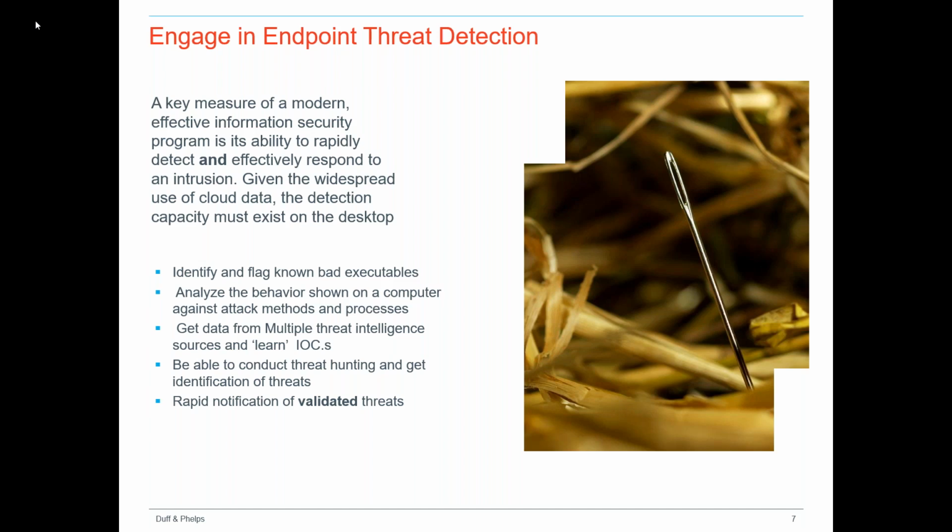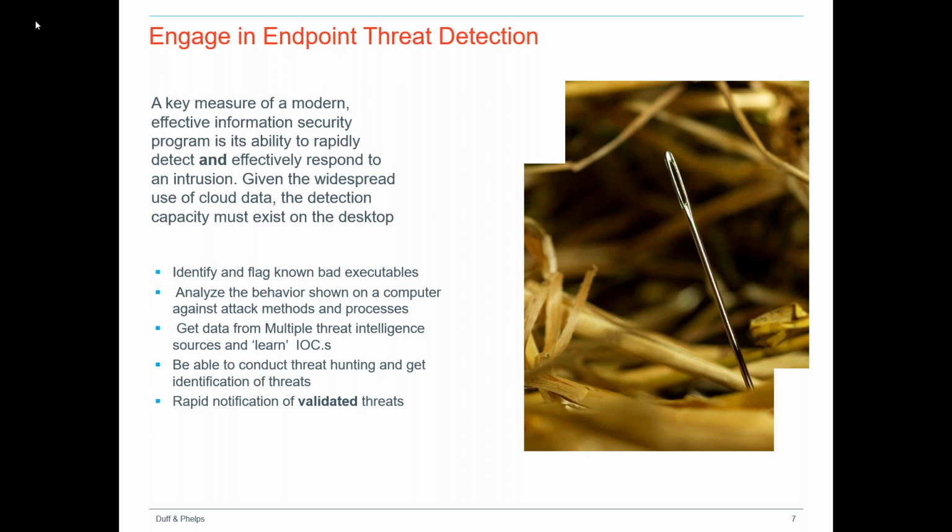A good endpoint threat program identifies, analyzes, but also uses information from other sources to add to its knowledge. And it gives you the capability with a good team member to threat hunt, meaning to look for things that might be indications of an attacker being in the system and trying to learn their way around.